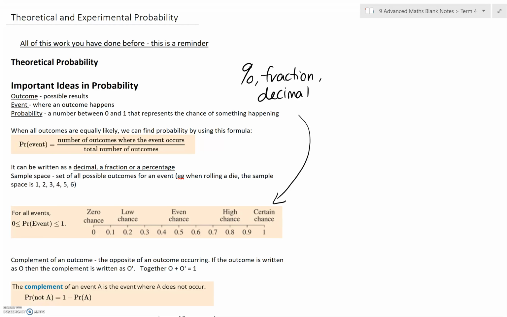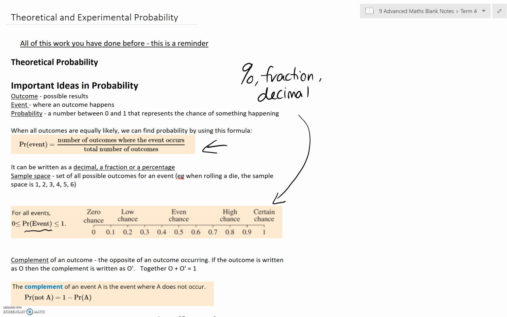So what this says, for all events, the probability of that event happening is between 0 and 1. 0 is 0 chance, 1 is certain chance, and the others are spread out over that range.